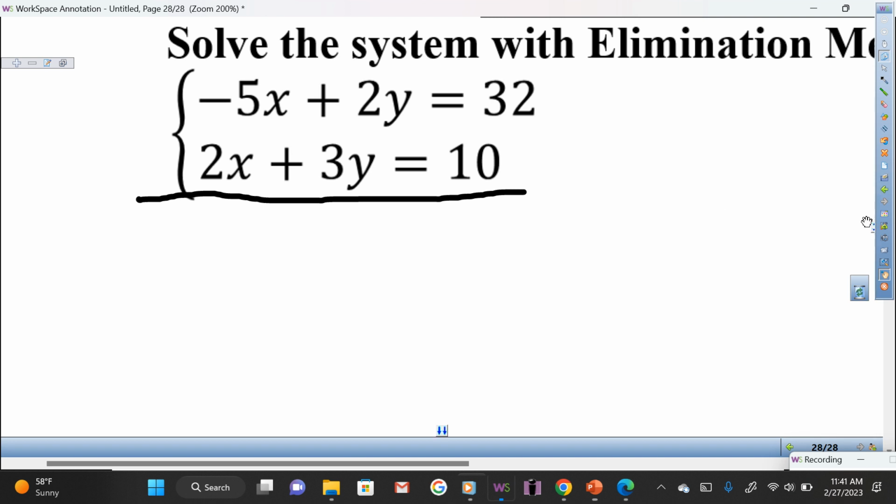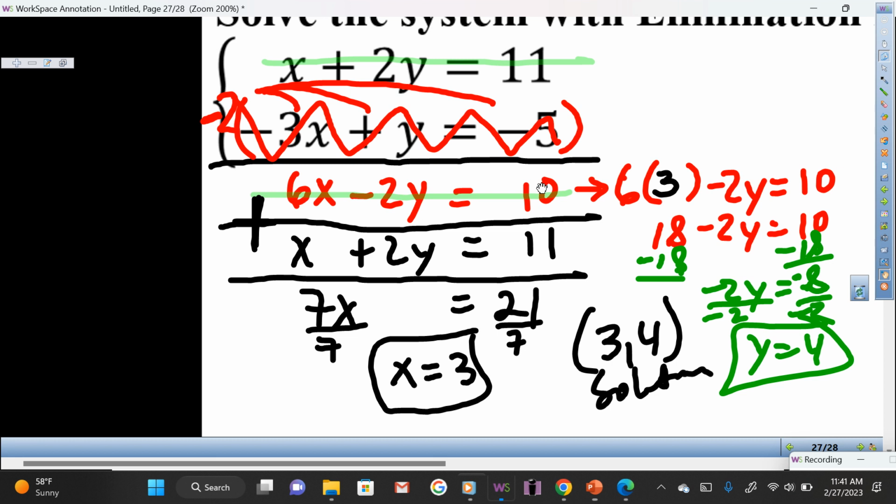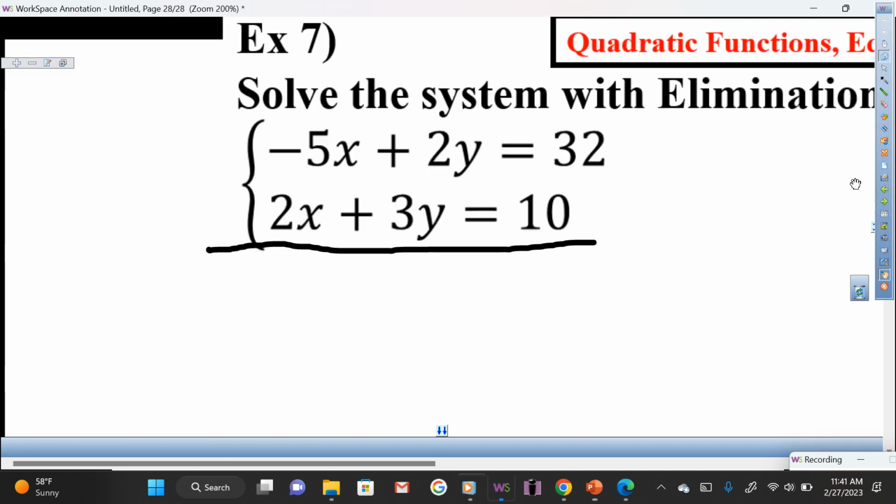Look at the previous one that we just did. We multiplied the bottom one times -2 because we just needed a -2 right here in order to cancel the +2 and the -2, right? All right, but that's not the case with this one. This one's a little bit different. Look at it.